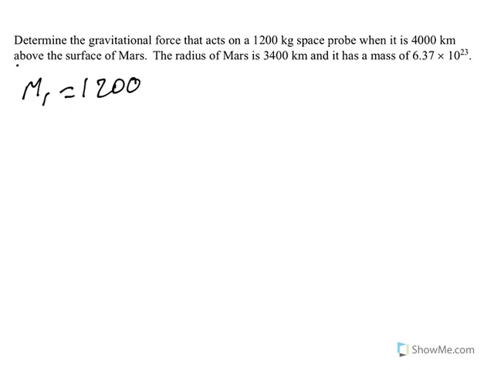This is the thing I was alluding to that you need to keep in mind. If we've got our object up here, it's saying above the surface, so above the surface is this much that I've done in the blue, and that's 4,000. Now, Newton's universal law of gravitation is measured actually from the centre. So the R that we need to use is that distance there.